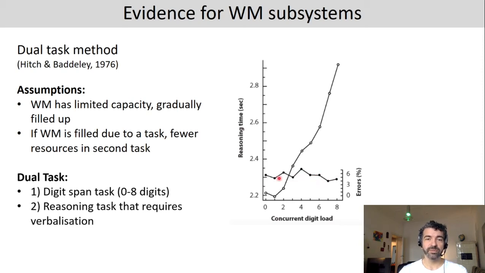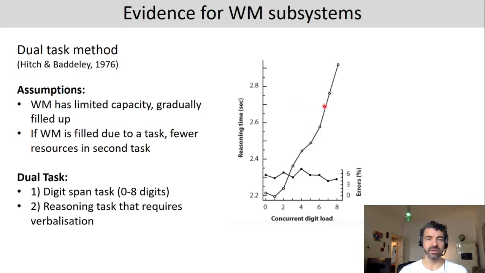So this was pretty much stable, even for a relatively high number of digits. The error rate was still relatively low. But at the same time, there was some increase in the performance in the second task, the reasoning task.